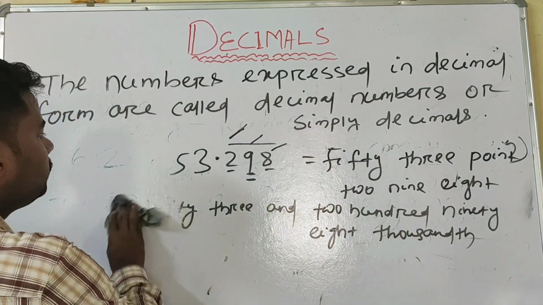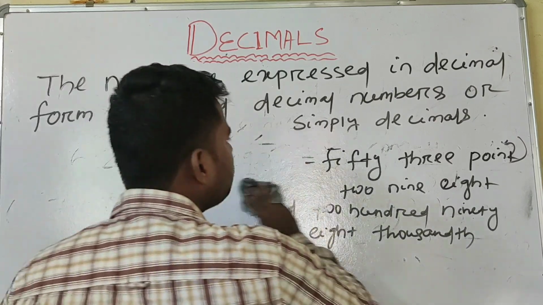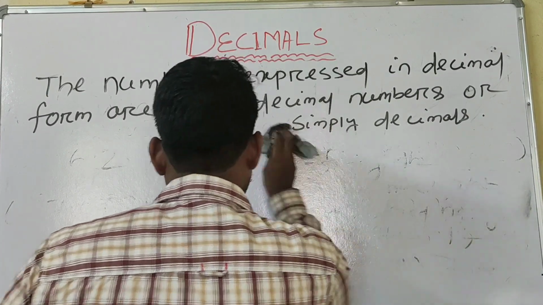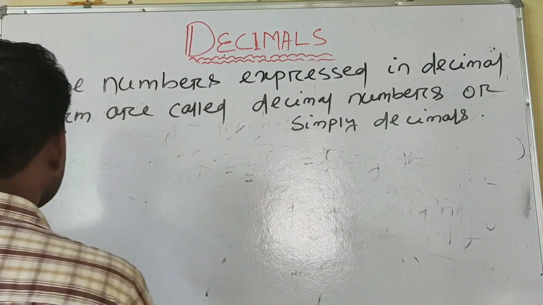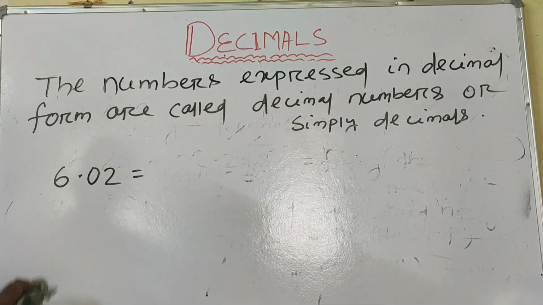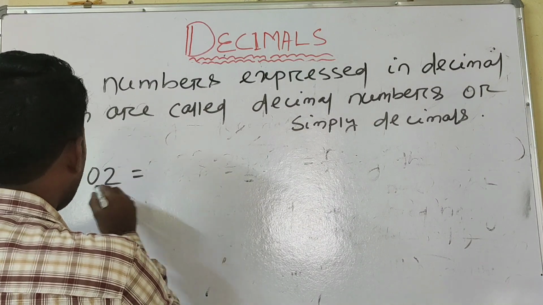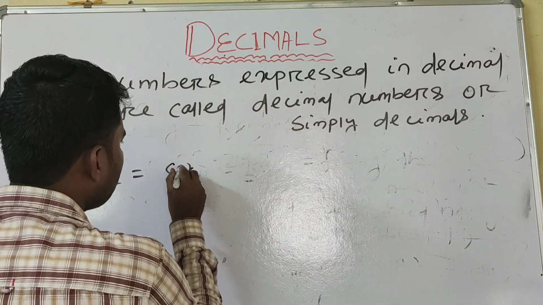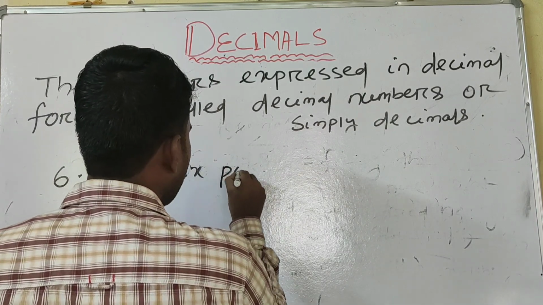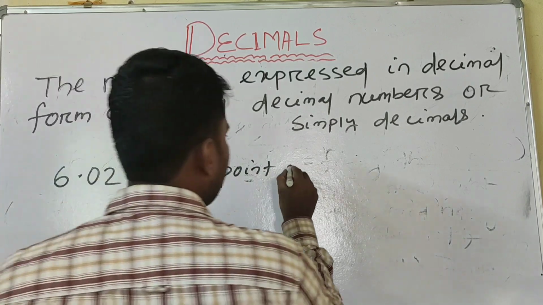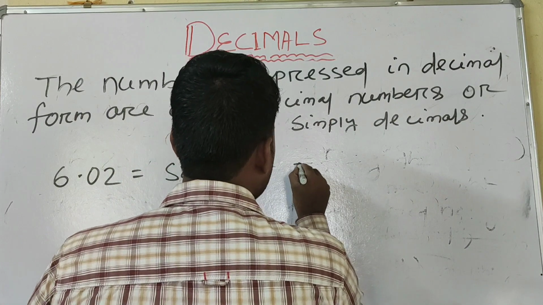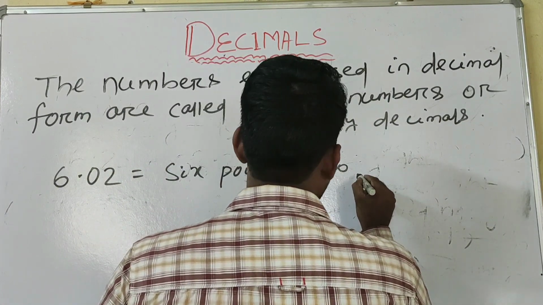Now we'll take another number. Suppose 6.02. How will we write it? First we write the whole part, which is 6. Then the point, and then 0 and 2.